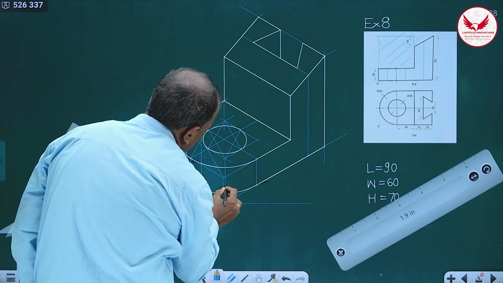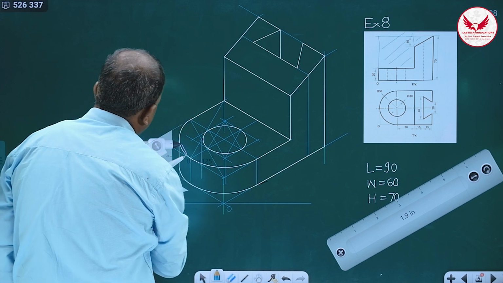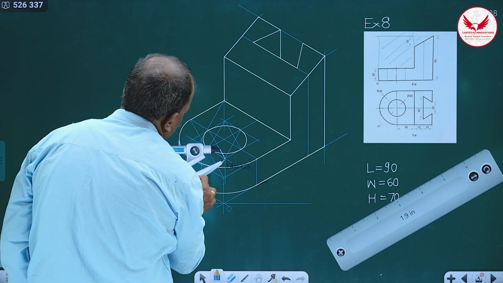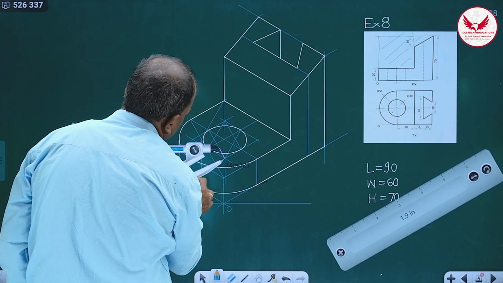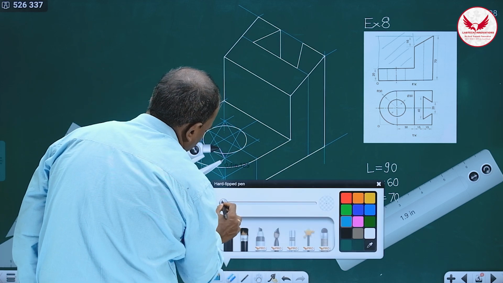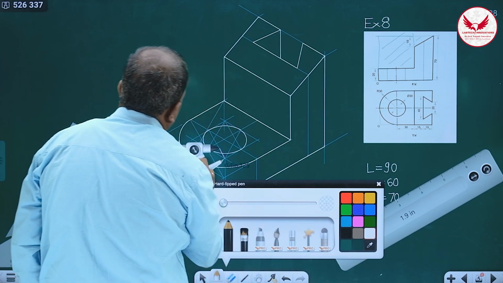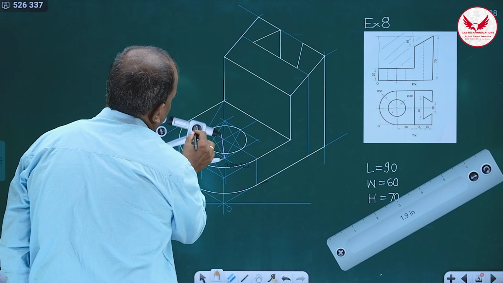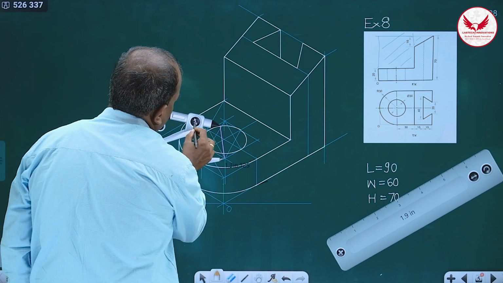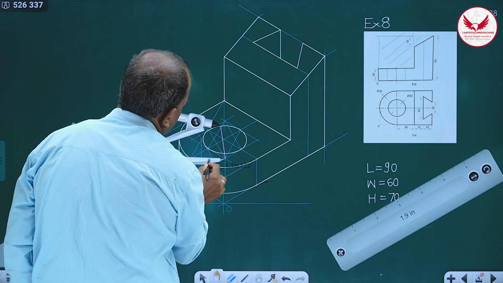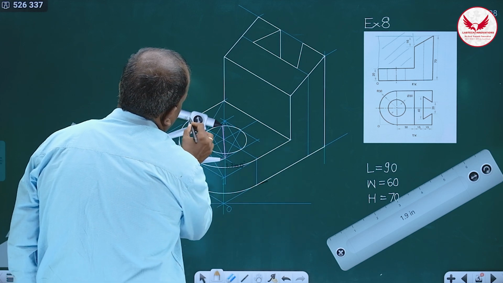So this is going to be the center, and from this center take the radius. What was the earlier radius? We can check. See, this is the radius. With this radius we have drawn this portion.